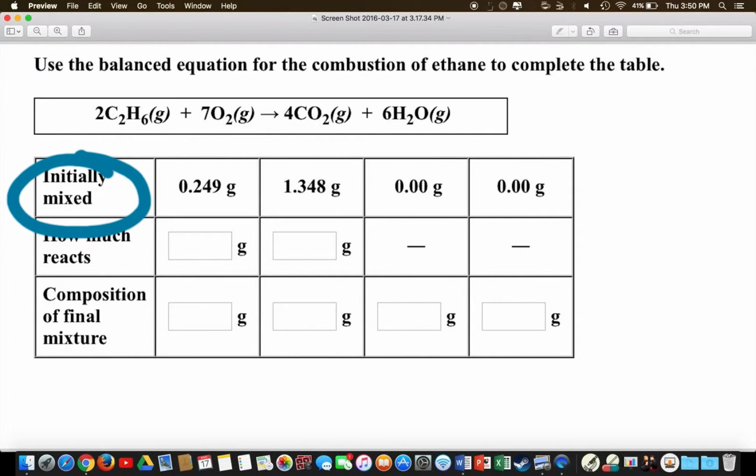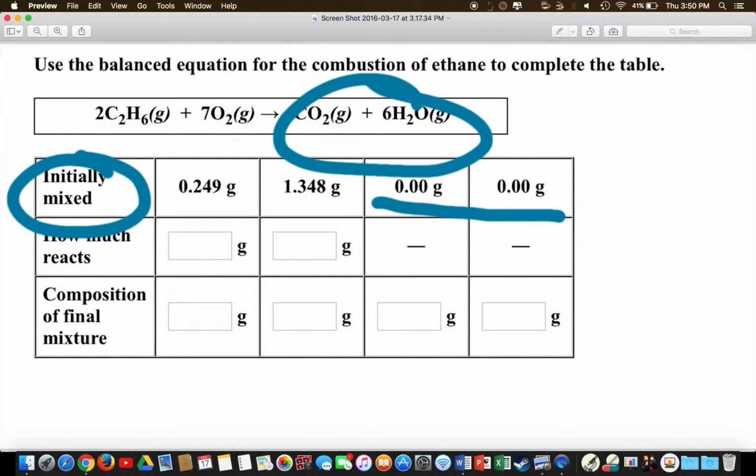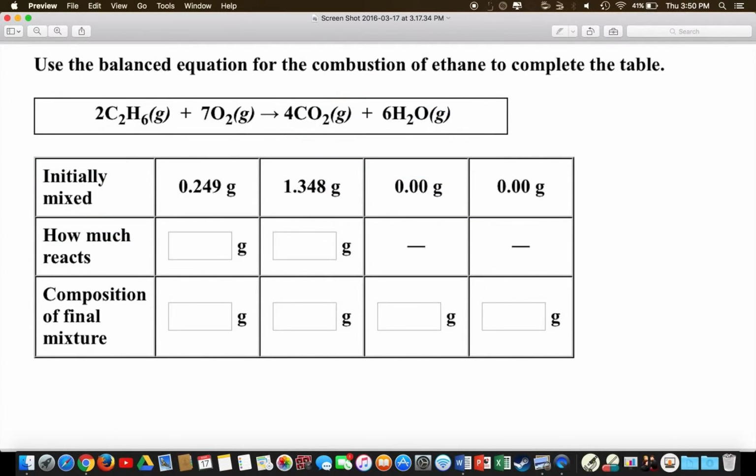Because initially mixed you have 0, and these are products. You don't have anything mixed just yet because you're making those. You're not mixing them. So with that being said, let's go ahead and start this problem.